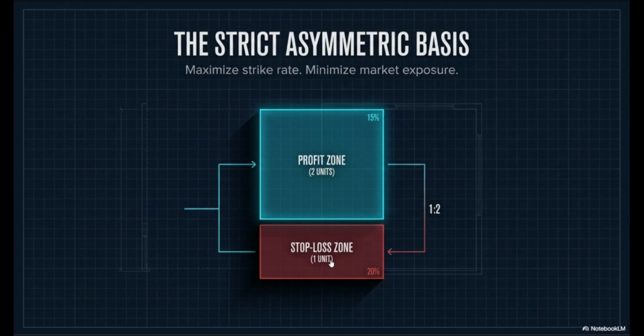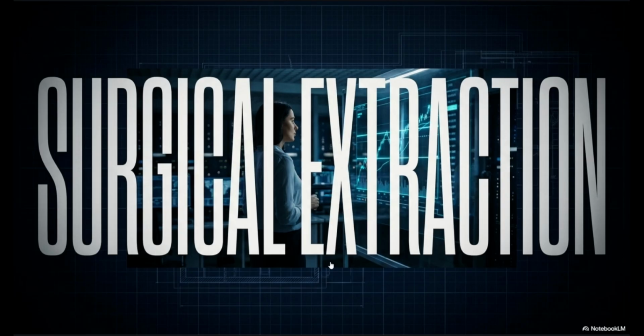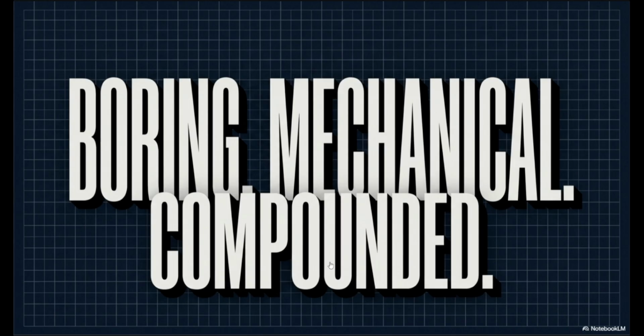We let the retail crowd fight over the crumbs of a massive trend, hoping to catch the absolute top or bottom. Meanwhile, we surgically extract our percentage in the safest, most liquid zones of the blueprint, and we leave. It is boring, it is highly mechanical, and it is exactly how real wealth is compounded.